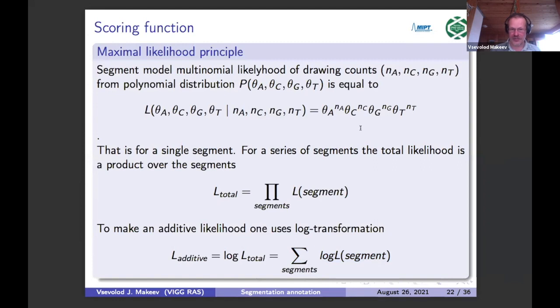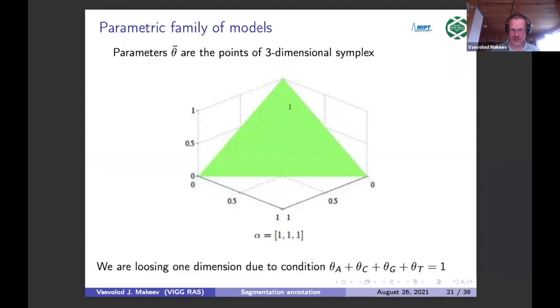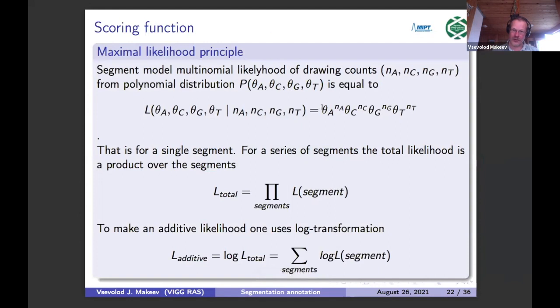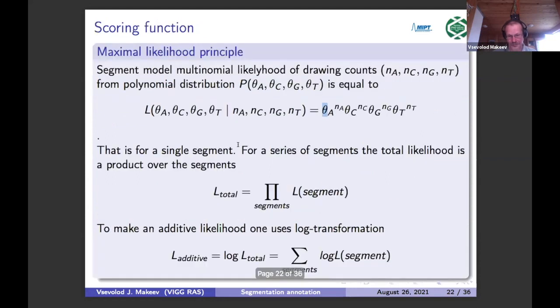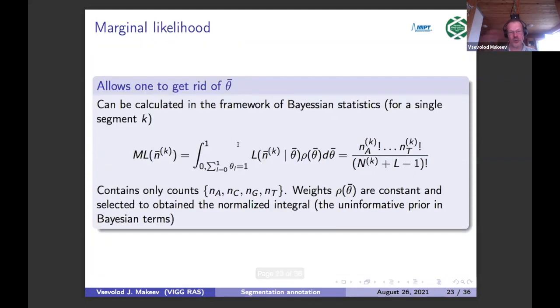This likelihood lives in this space of parameters, and now what we are going to do is introduce another distribution density already for those parameters. And this is the framework of Bayesian statistics. Bayesian statistics exactly considers distributions over parameter space.